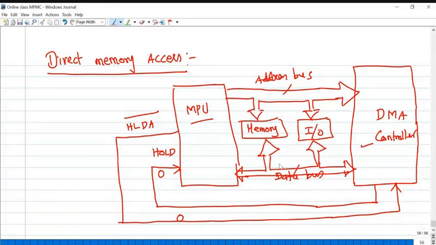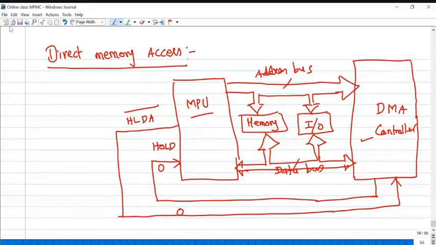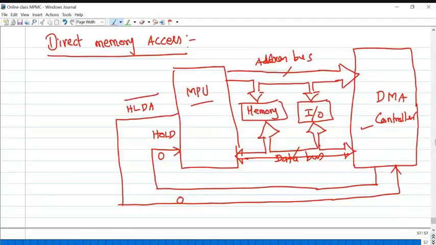Understanding, no? Previously, while discussing the pin diagram, I explained the functions of HOLD and HLDA, but the actual meaning of HOLD and HLDA is like this. So in direct memory access, the memory can be accessed for data transfer directly, not with the help of the microprocessor.